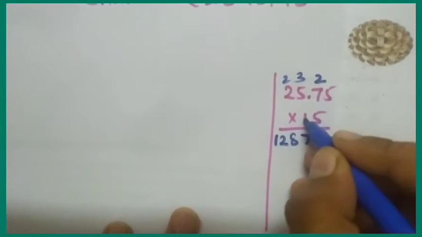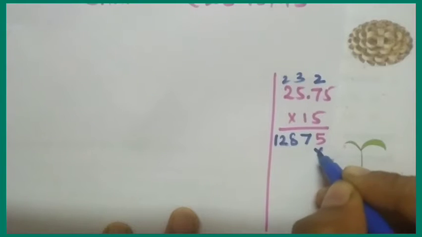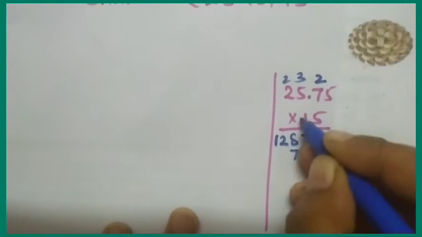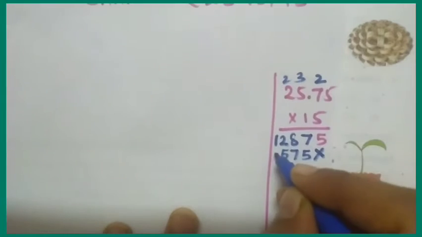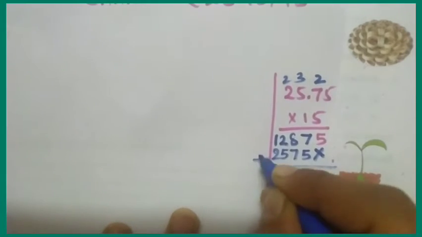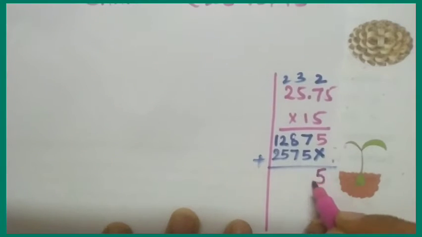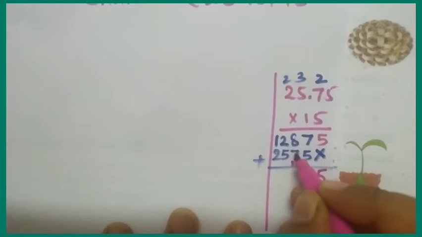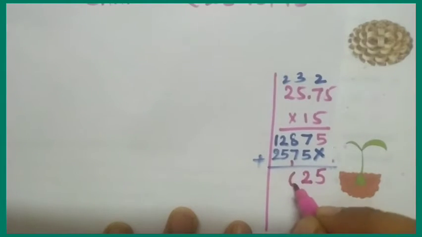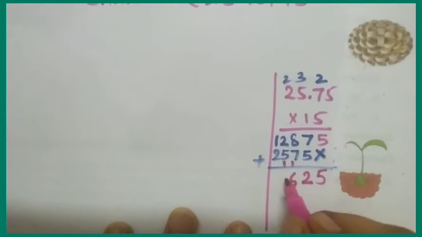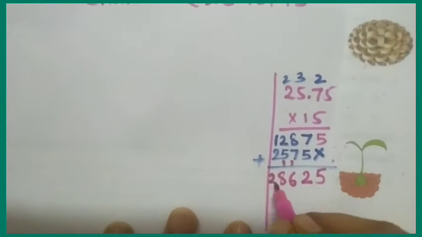Now when we are multiplying with the tens place, we will keep here a cross. 1 5 is 5. 1 7 is 7. 1 5 is 5. 1 2 is 2. Now add this total. Okay, we will get 5 plus 0, 5. 7 plus 5 is 12. 2, 1 carry. 8 plus 7 is 15. 15 plus 1 is 16. 6, 1 carry. 2 plus 5, 7. 7 plus 1, 8. 1 plus 2 is 3.